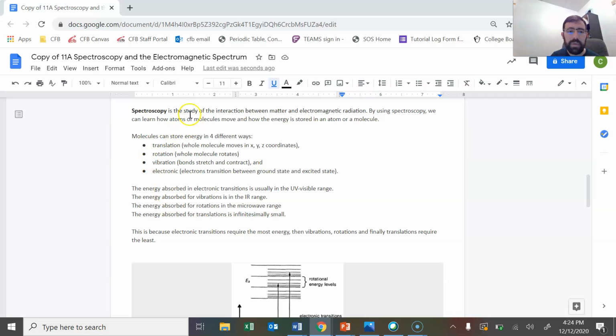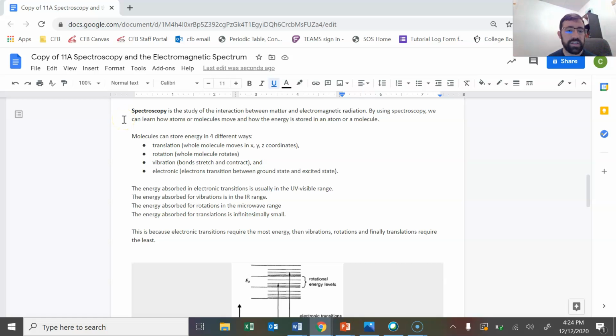But keep in mind, the way that we're going to do spectroscopy is you shine some form of radiation, shining a light or exposing it to X-ray radiation or gamma radiation. You're exposing a sample to radiation, and then you've got a detector that reads out how that impacts the radiation as it passes through the sample.